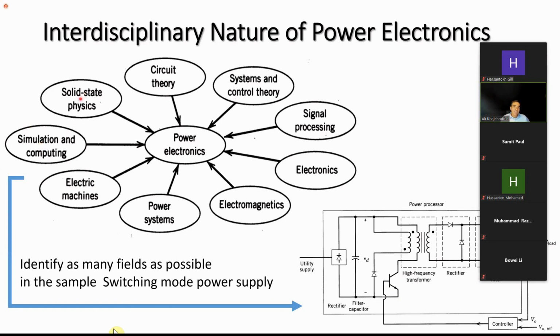And solid state physics for sure, because you're dealing with these MOSFETs and diodes and all those things, and you have to have a good understanding of the details of those, how they operate, what the limitations are, and which one to choose for your own benefits in your circuit.